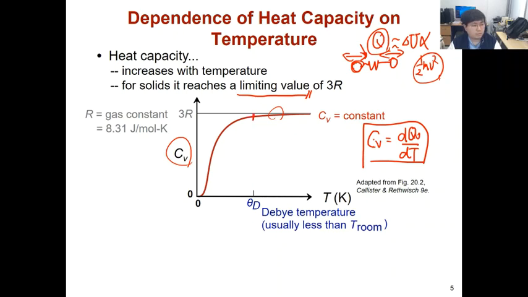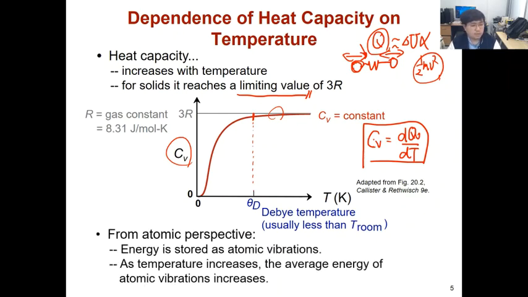The only important property is the Debye temperature. This Debye temperature is the limiting value where the heat capacity saturates. That's the important thing, but we don't need to consider it, because we do not handle the Debye temperature anymore.